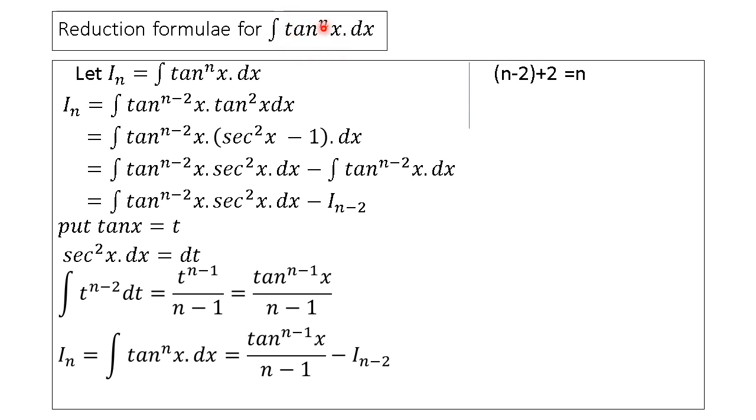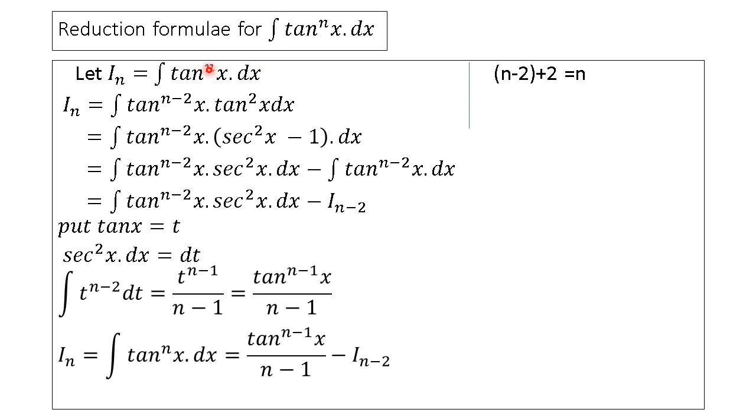Let I_n be equal to integration of tan to the power n x into dx, where n is a positive integer. This n we can also write as n minus 2 plus 2 is equal to n, since plus 2 and minus 2 get cancelled, and again we will get n only.